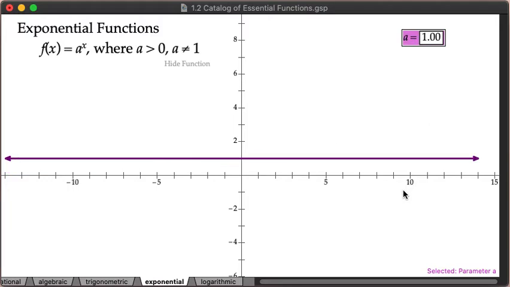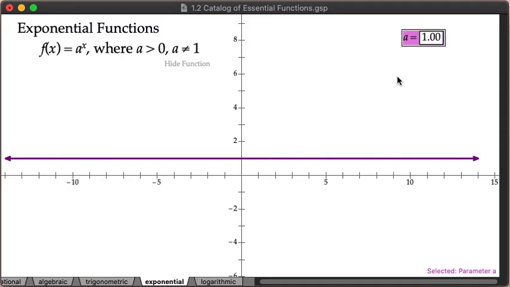If I make the base equal to 1, this is not an exponential function. This is a constant function. Why is that? That's because this function is 1 to the x, and 1 to the x is always 1, no matter what x is.